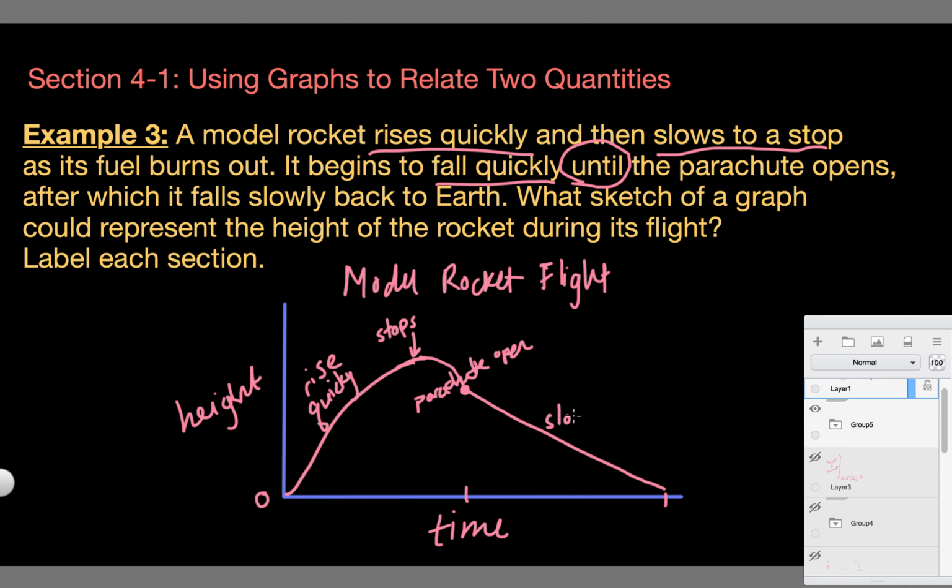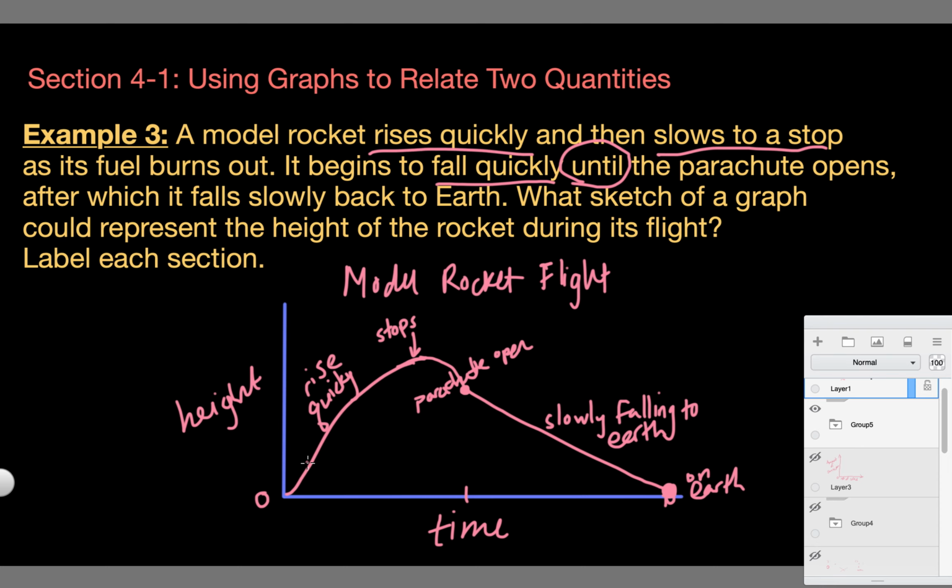So this is slowly falling to Earth. And right here is going to be the point where you are on Earth, because your height is 0.